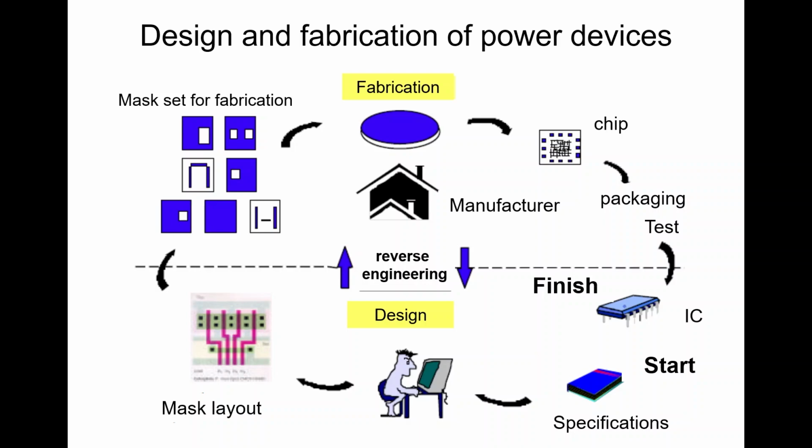Once the mask layout is fabricated, you start the fabrication in the clean room of the chips, and there's a packaging backend. Of course, this is just a very small drawing just to tell you that there's a loop, and usually there's several reverse engineering steps after, many iterations to improve all the parameters and the performance-reliability balance here.